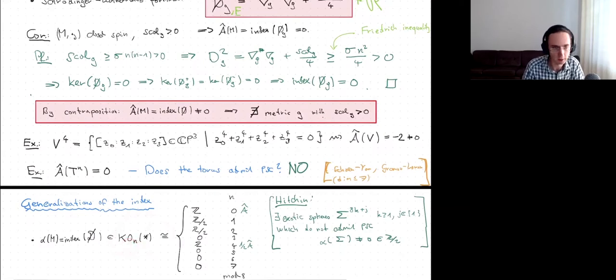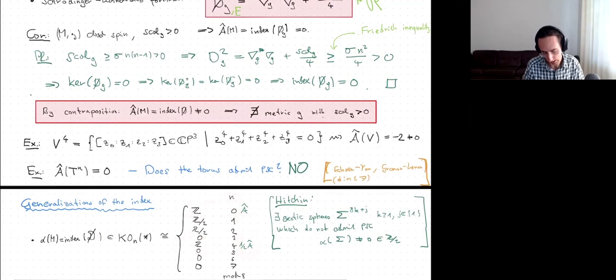You could also view this as the real K-theory in degree minus n, that would be the same. And that gives you additional information depending on the dimension modulo 8. In dimensions which are multiples of 4, the K-homology is really just the integers, and this index is the old index, so it's the A hat genus or 1/2 of the A hat genus.